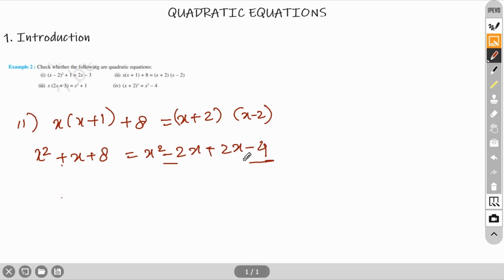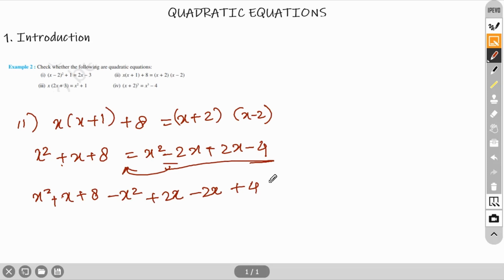Bringing all these terms on this side of the equation, we'll get x square plus x plus 8 minus x square plus 2x minus 2x plus 4 equals 0. Plus 2x and minus 2x will cancel out. Plus x square and minus x square will cancel out. We'll get x plus 12 equals 0.